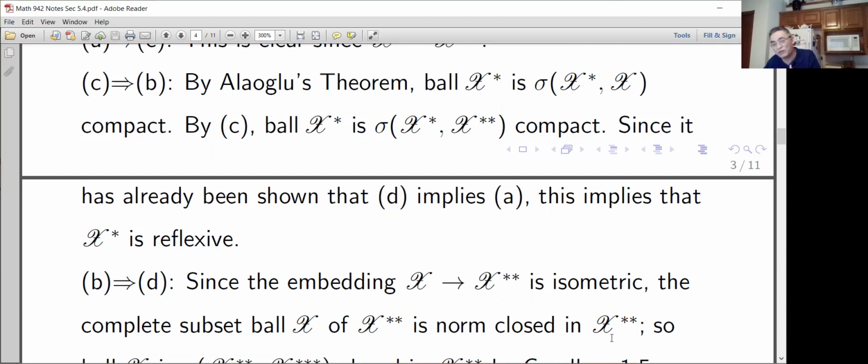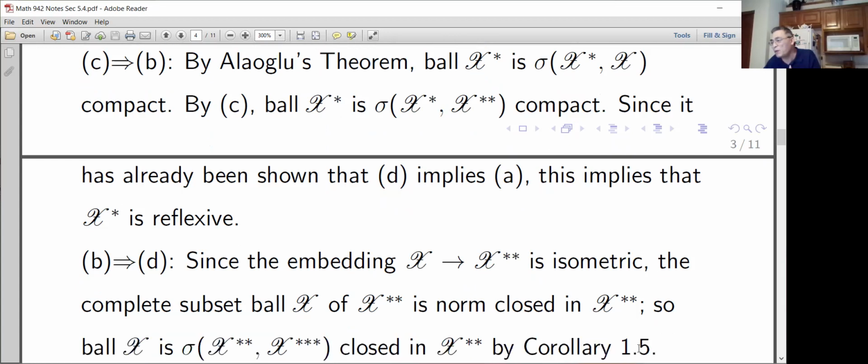But by corollary 1.5, since this set is convex, if it is closed in the natural topology, it must be closed in the weak topology. The weak topology is this. So ball X is closed in this topology.